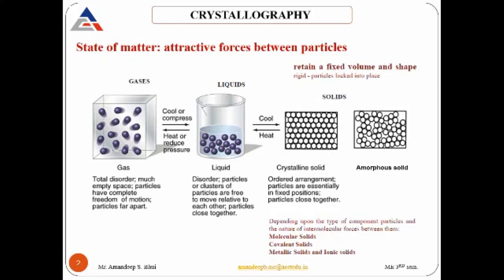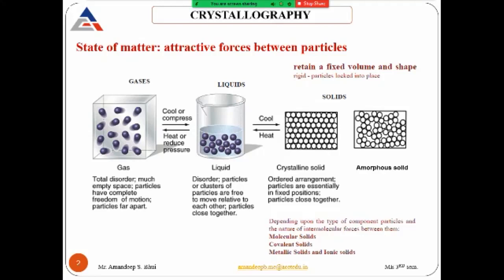So the arrangement is not in the ordered manner, and the solid formed is, you can see in this diagram here, not in the ordered form but in a disordered form. Still, the atoms are close to each other, and the solid is formed. This type of solid is known as amorphous solid.